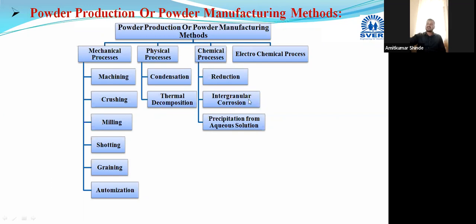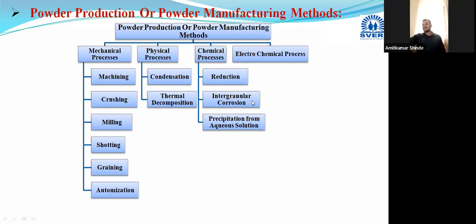This is the second type of chemical process from which we can manufacture different powders. As an example, we can manufacture stainless steel or steel powder. Generally it is used for stainless steel, and it was used in the older days. Nowadays it has been replaced by the atomization technique.